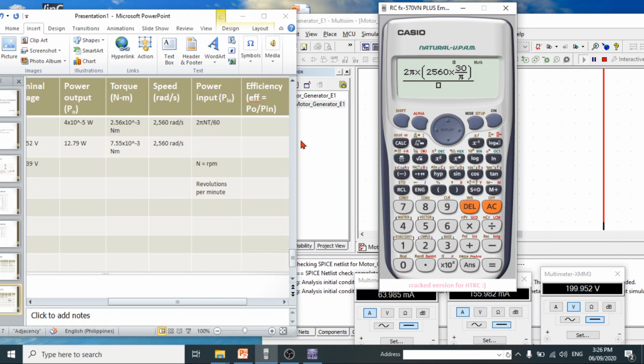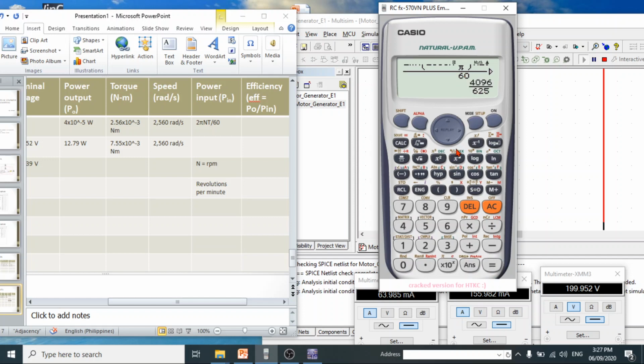So 2 pi N, the torque is 2.56 milli, so times 10 to the power of negative 3, divided by 60.